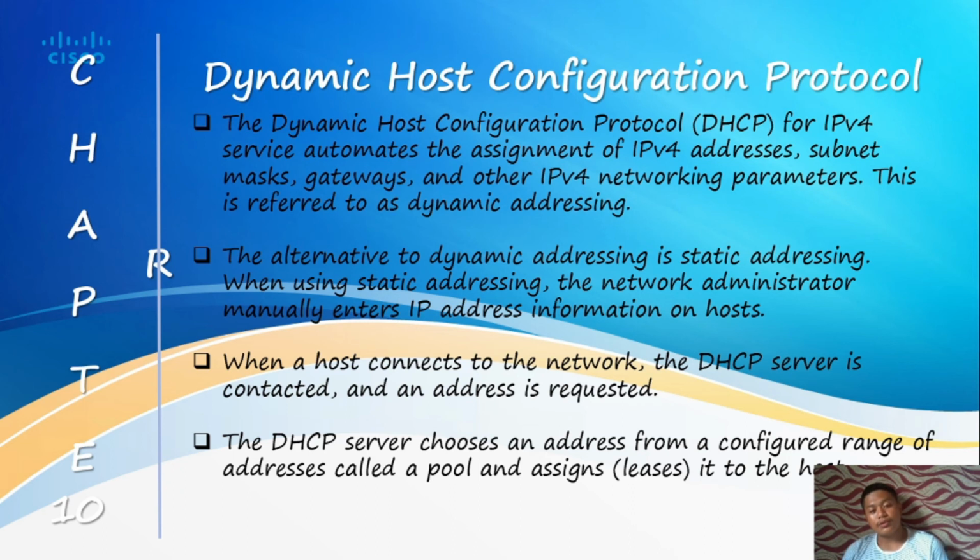The alternative to dynamic addressing is static addressing. When using static addressing, the network administrator manually enters the IP address information on the host. When a host connects to the network, the DHCP server is contacted and an address is requested. The DHCP server chooses an address from a configured range of addresses called a pool and assigns it to the host.